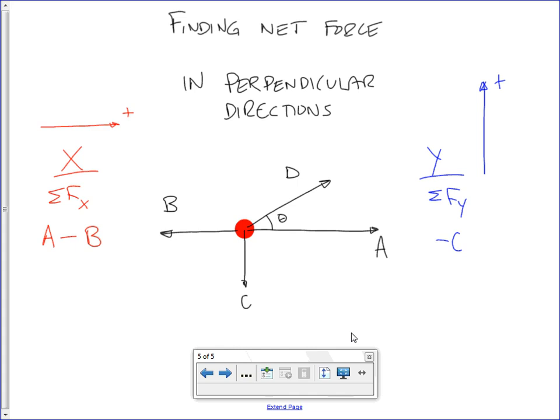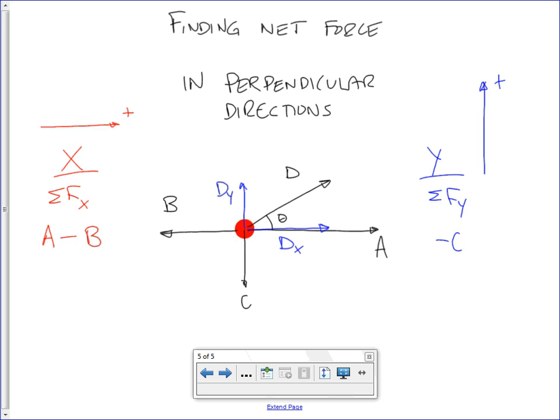And when I say statement, I mean statement of all the forces acting on the object. Well, it actually affects both, because as we can hopefully see, D has an x component that we could draw like that. D has a y component that we can draw like that. So that would mean that it affects both, like we said.